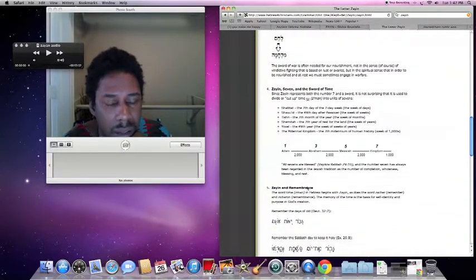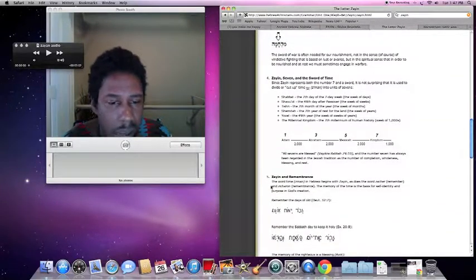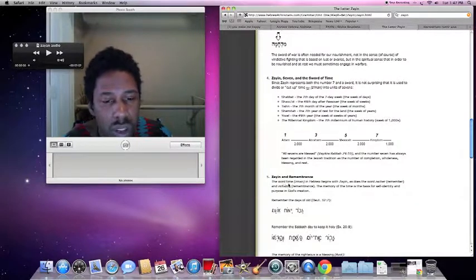All right. This is what I wanted to get here. It says the word Zayin and remembrance. The word time in Hebrew begins with Zayin, as does the word Zakar, which means remember, and Zikaron, which means remembrance.